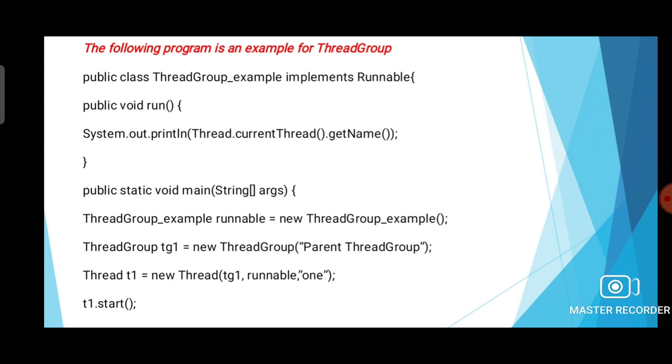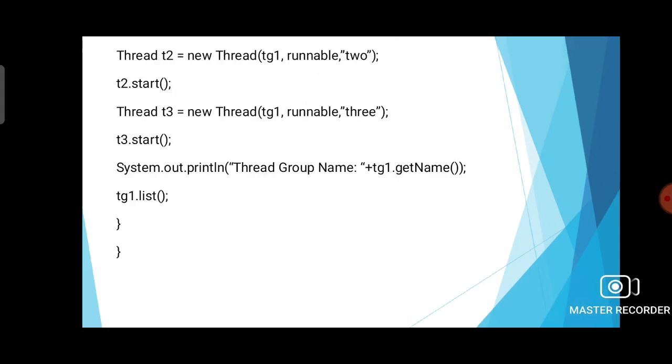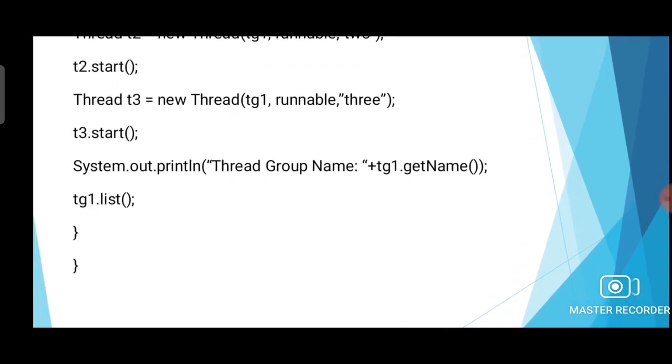Our thread group object was tg1 and the name of the thread group was parent thread group. So tg1.getName will provide the name of the thread group tg1. The name was parent thread group.